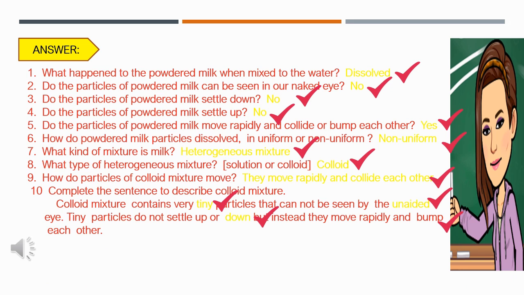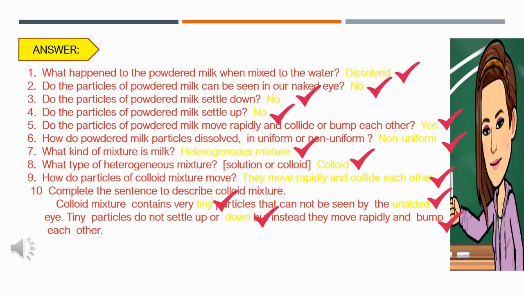As usual, let us check your answer. In number 1, what happened to the powdered milk when mixed to the water? Correct, dissolved. Question number 2. Can the particles of powdered milk be seen by our naked eye? Correct, no. Question number 3.